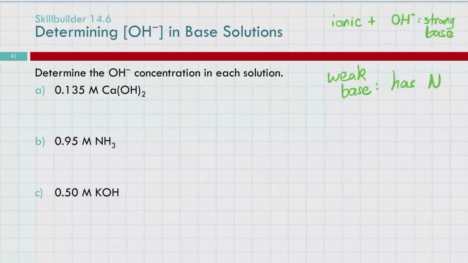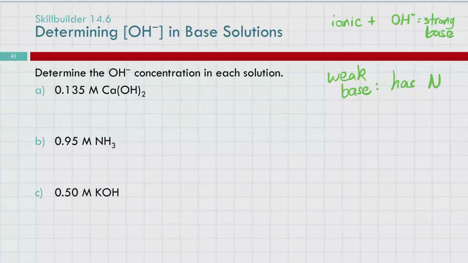So if there's one hydroxide in our compound, each of our strong bases is going to make one hydroxide in solution because it completely separates out into its ions in solution. If it's a weak base, it's not going to go all the way to one equivalent, and so it's going to be less than. We're not learning the tools to cover the gaps in between, which is great because that means less math for us.